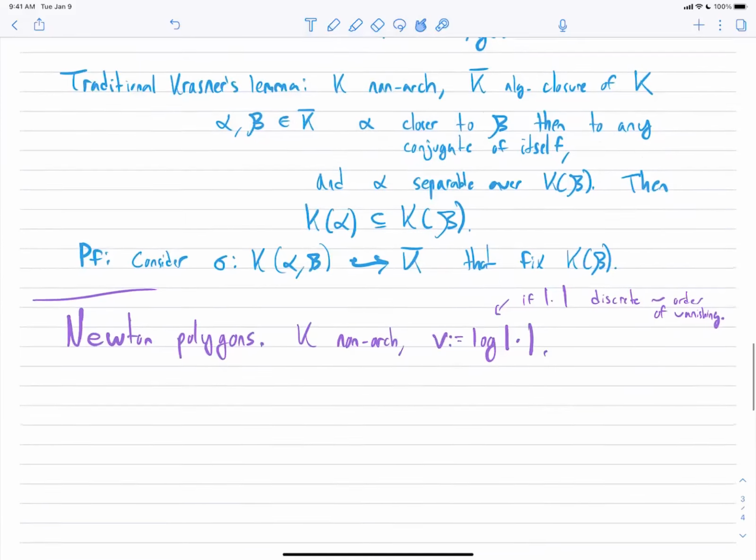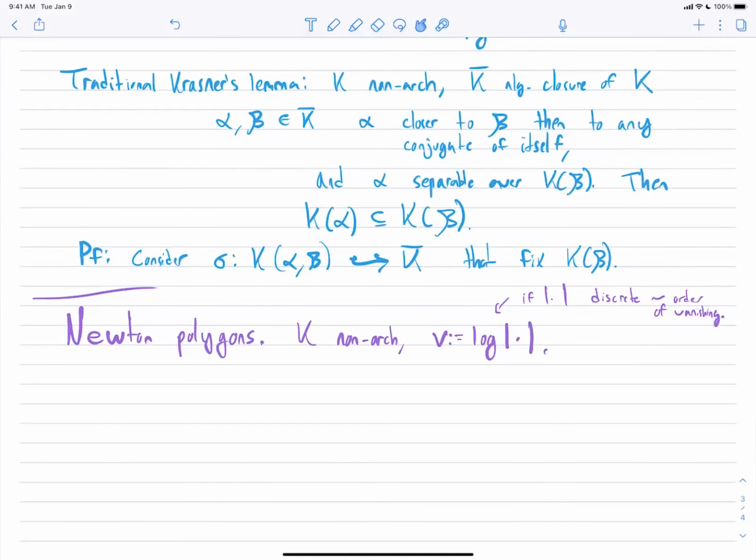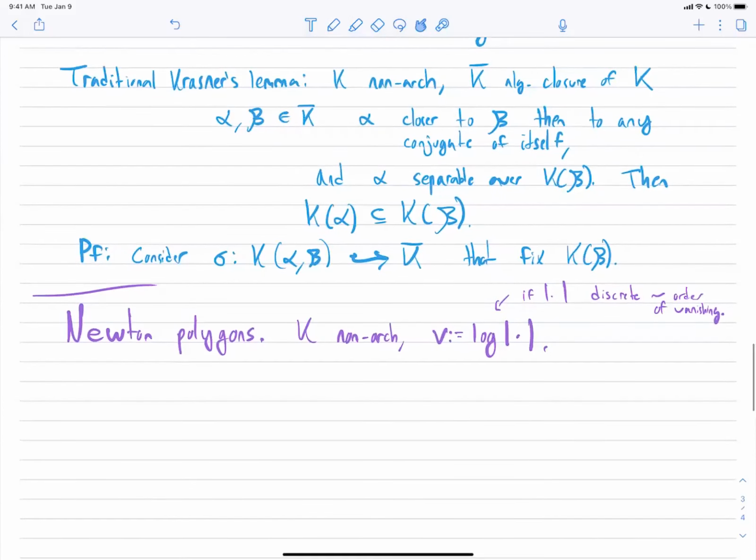Okay, and then I'm going to look at f of x equal to a_n x^n plus a_{n-1} x^{n-1} and so on. People have different conventions, but I'm just going to do it like this because I think this is what Milne does.